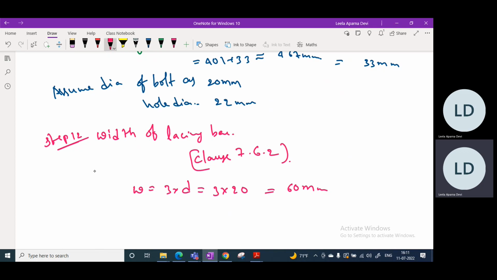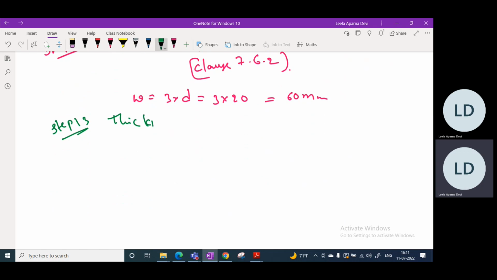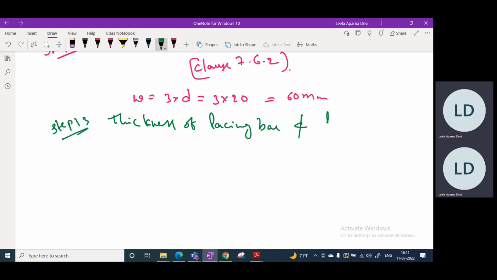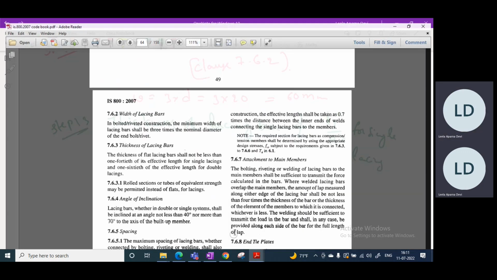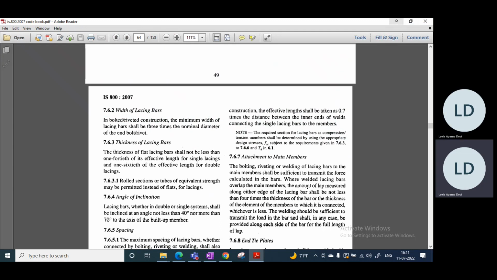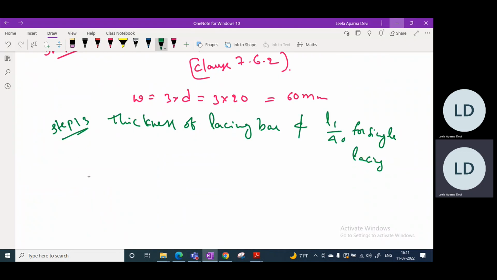In the next step, the thickness of the lacing bar should not be less than L1 by 40 for single lacing, which is located on the same page, clause 7.6.3.